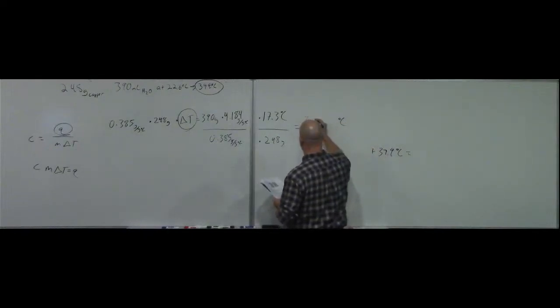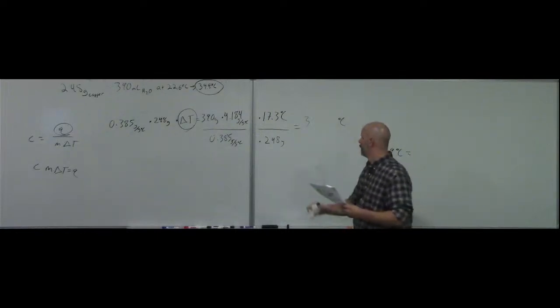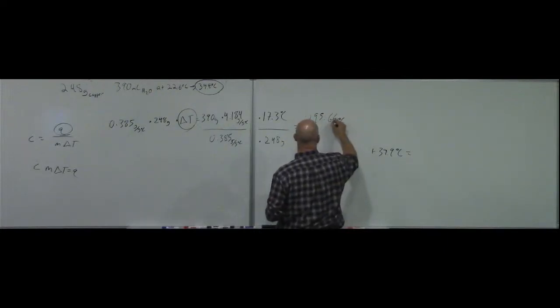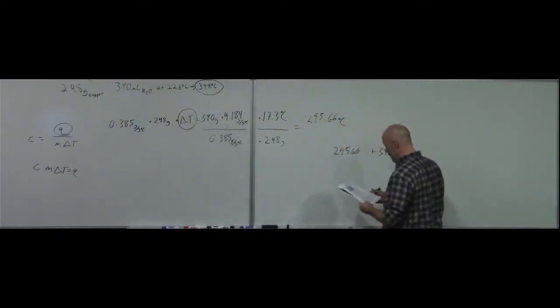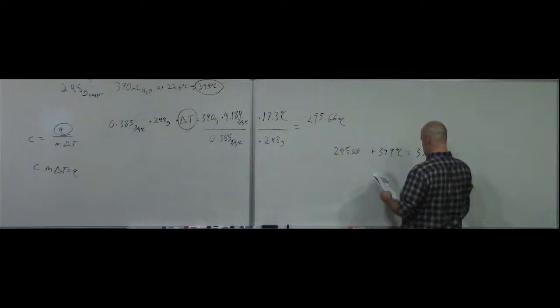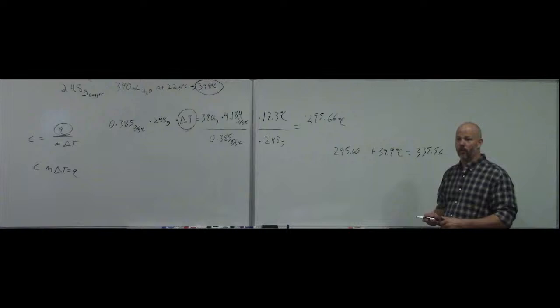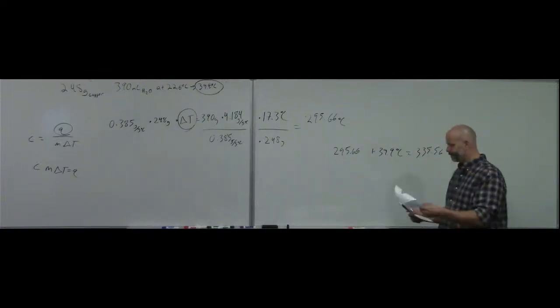Oh, no, for the final. Okay, give me my delta T first. 295.6. 295.66? Okay. 295.66 plus 39.9 equals 335.56, and that is the right number. Okay, good. Do you want one more like this, or can we roll? Yours good? Okay. All right.